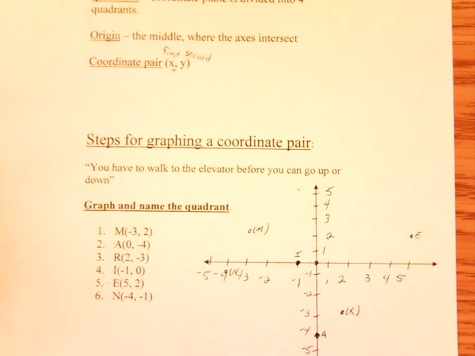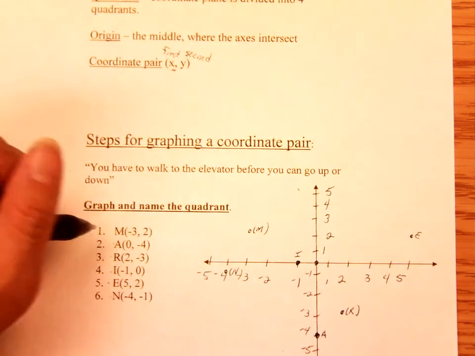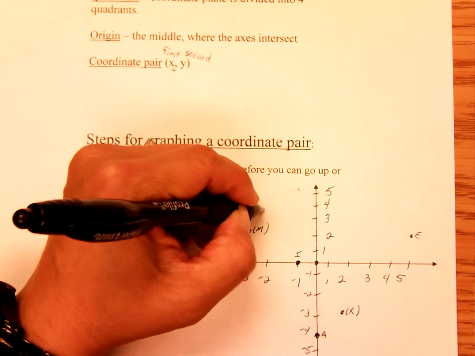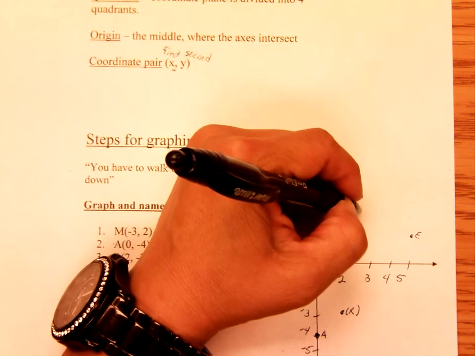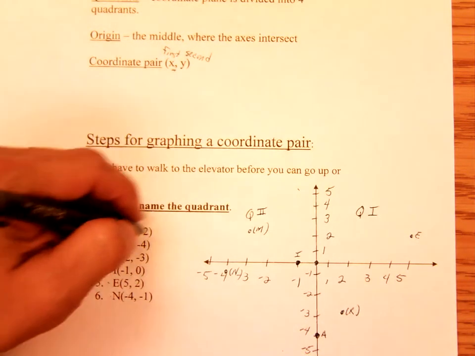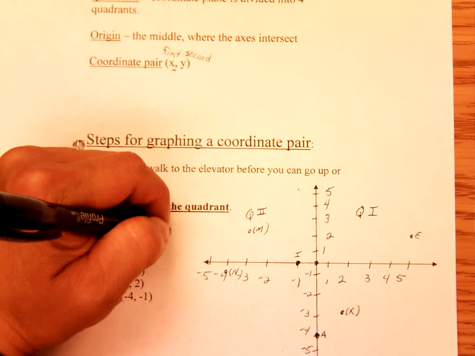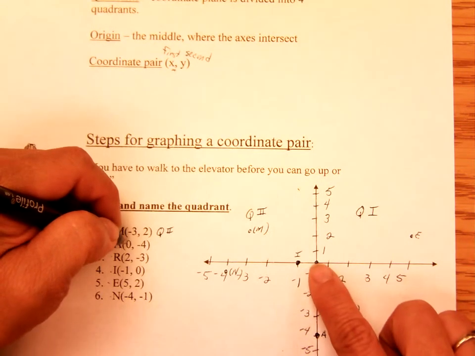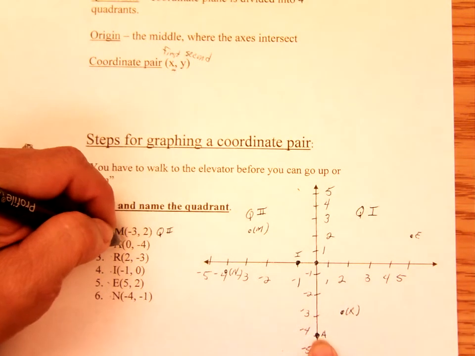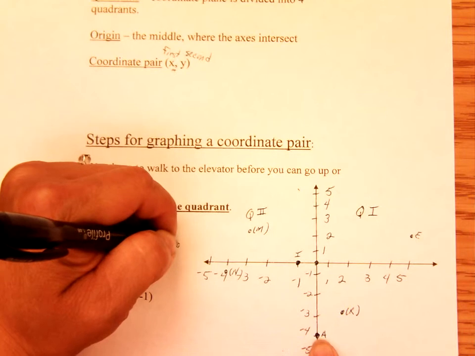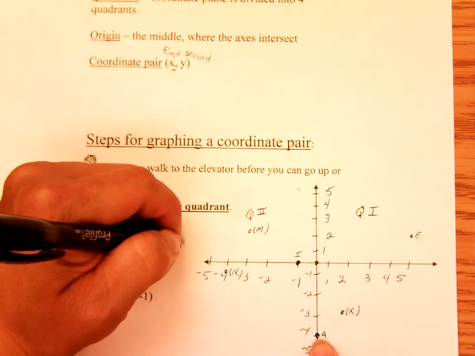Okay, so that's how you graph and name the quadrant. Now, M is in quadrant II. A, (0, -4), is in no quadrant because it is on the line.